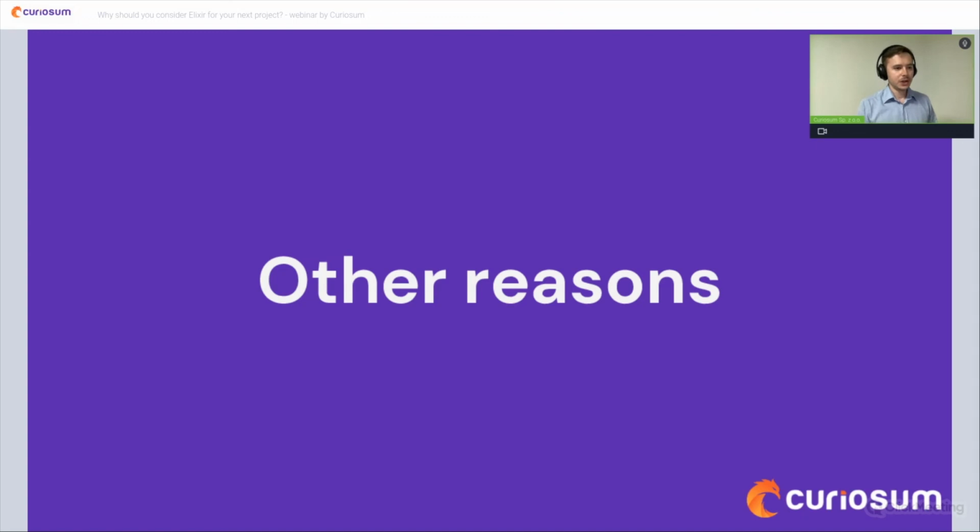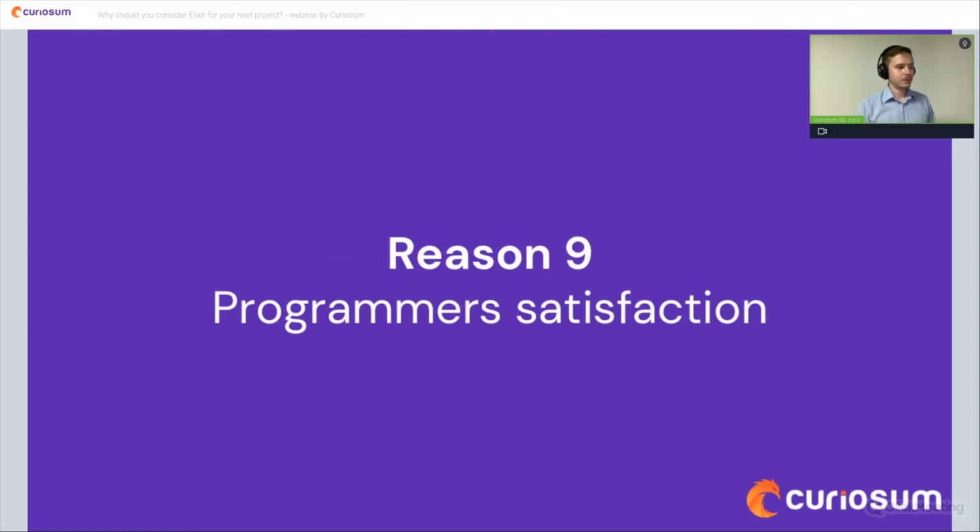We have other reasons here. I'm just going to go quickly through them. Programmer satisfaction. I have to point out that because Elixir is 10 years old, and because we already have so many programming languages, we don't have as many programmers in Elixir as we would have in JavaScript, for instance.